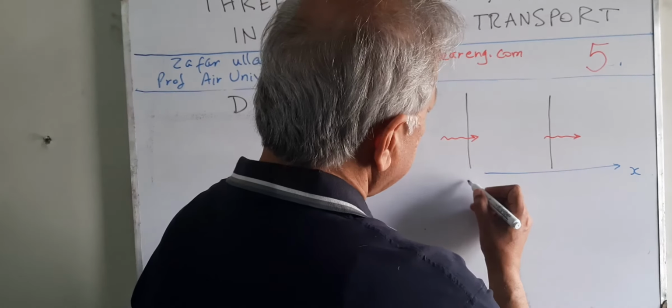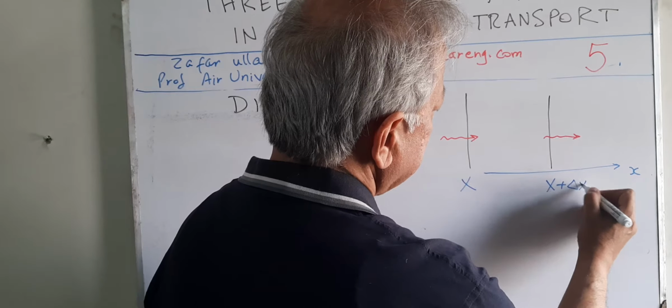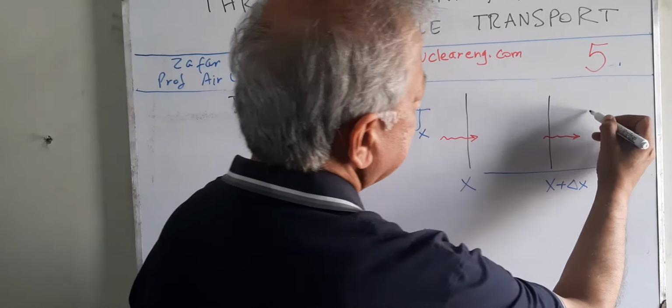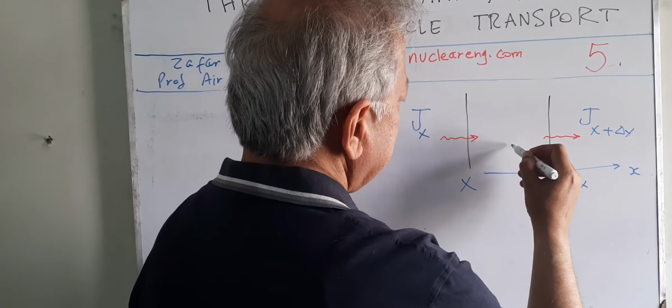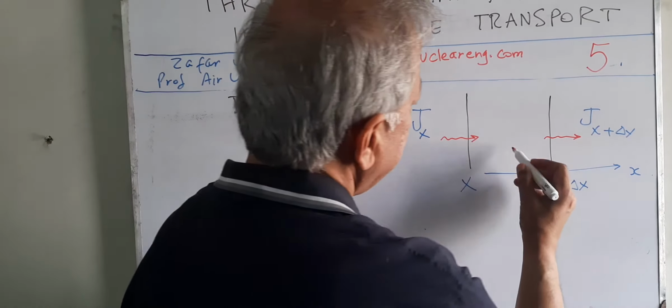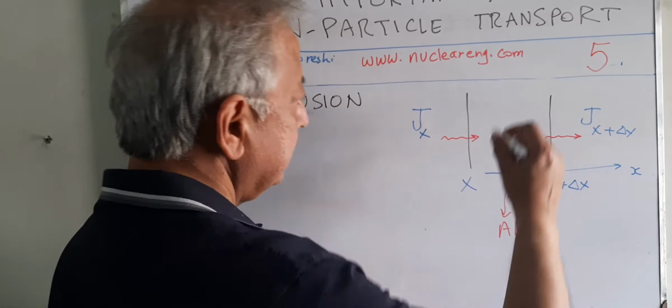Let's say that this is x and this is x plus delta x. Now let's say that the current coming in here is Jx, the current going out here is Jx plus delta x. Let's say that there is some little absorption going on over here, so absorption, and let's say that there is a source.